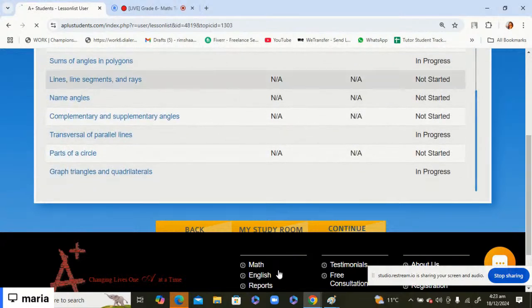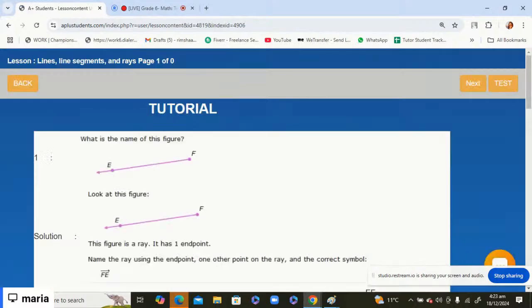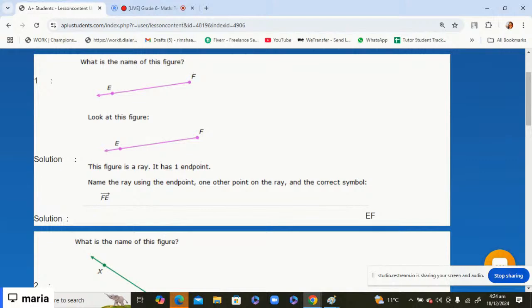Line segment and ray. What is the name of this figure? Look here. First of all, for example, if there is one line and there is one point on it, this is basically called the ray. If there is one ending point, you can say this is called the ray.